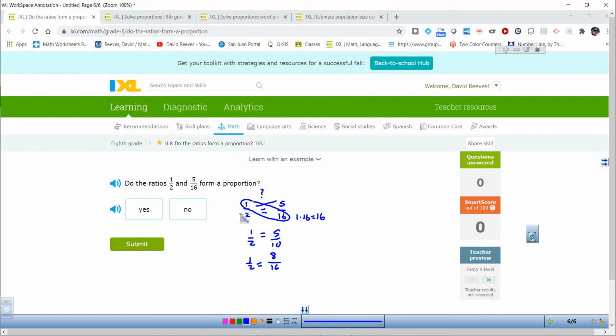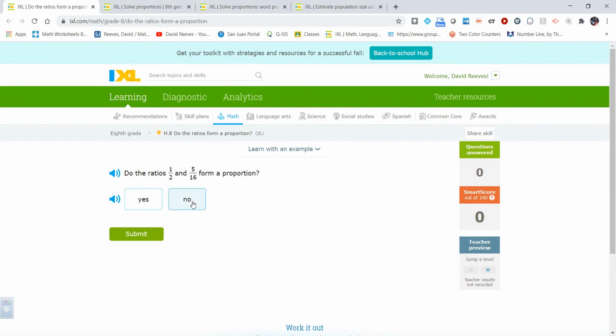And if I multiply across this way, 5 times 2 is 10. And 10 is not equal to 16. Remember, if those are equivalent, or now we're going to start saying if it is a proportion, then those cross products must be equal. And 10 is clearly not equal to 16. So this one, for many, many, many reasons, is no.